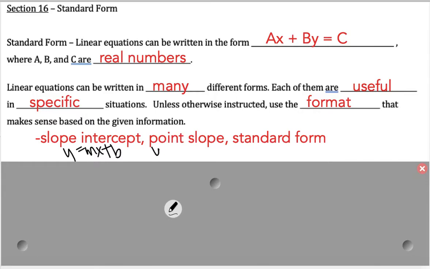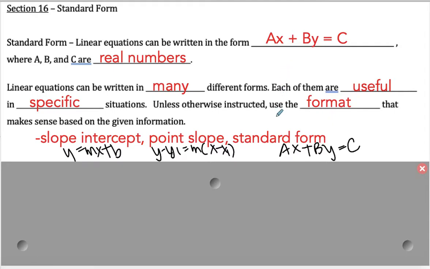Point-slope is y minus y1 equals m times x minus x1. And standard form for today is ax plus by equals c. In all three of these, the y and the x stay the same, and you replace the other values.